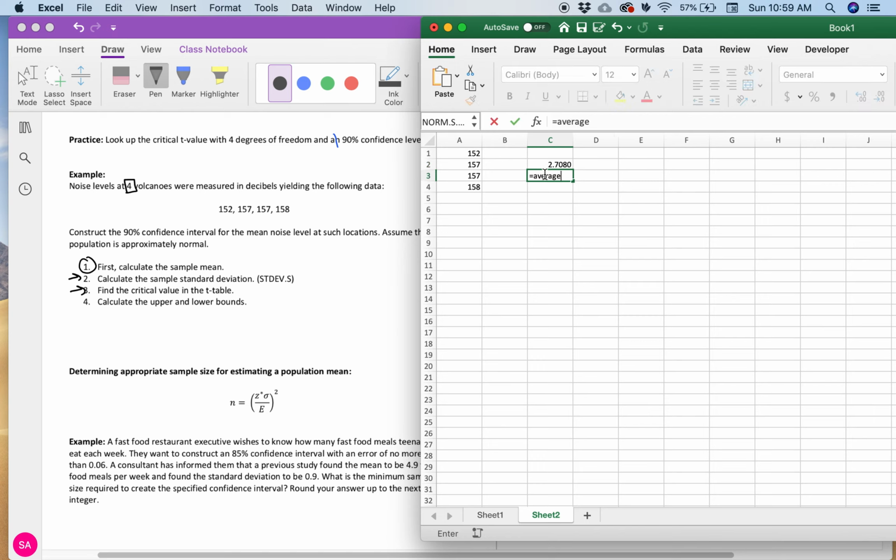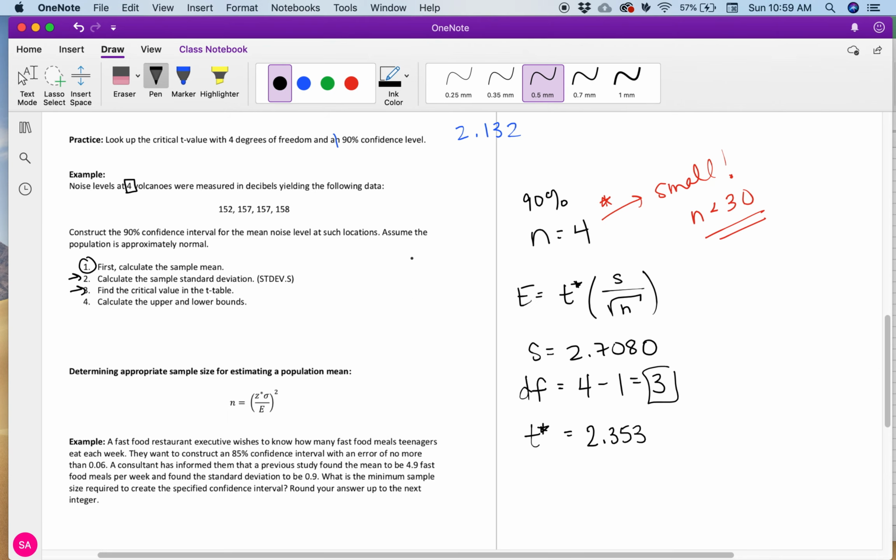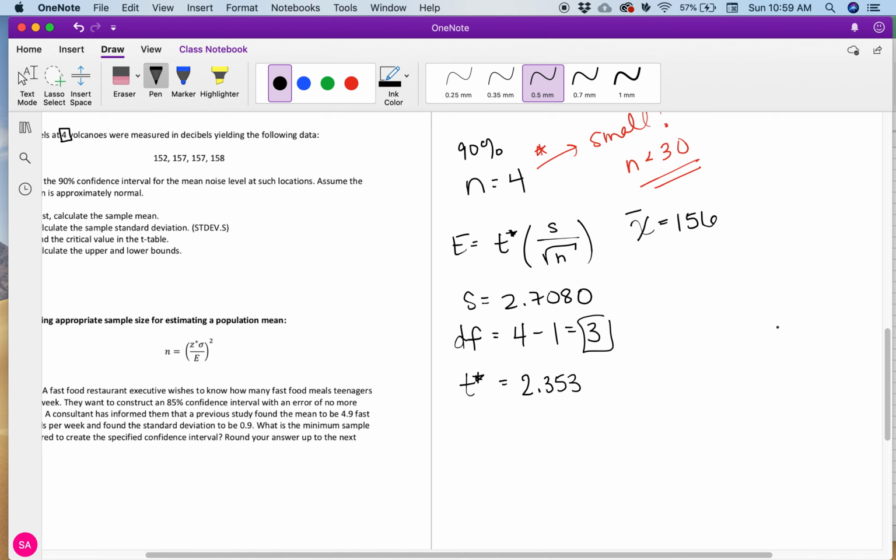So remember, the mean is not a formula in Excel. You have to use average. And just take the average of those 4, and we get 156. So my x bar is 156. That's the sample mean. Okay, now we have all the pieces that we need to calculate this interval.